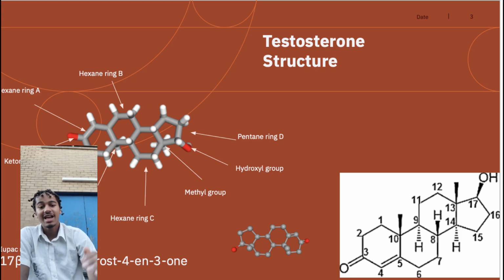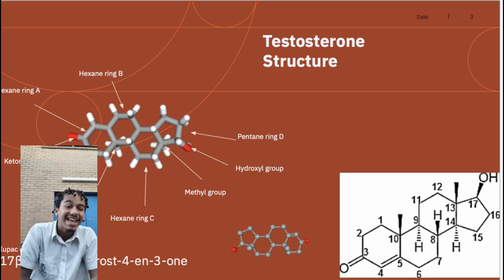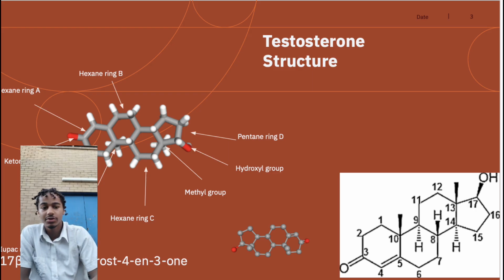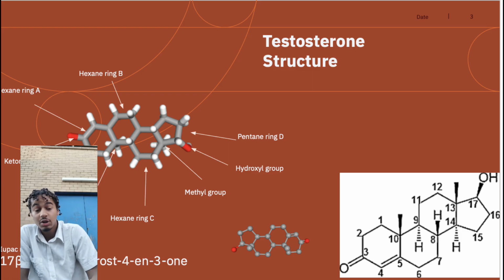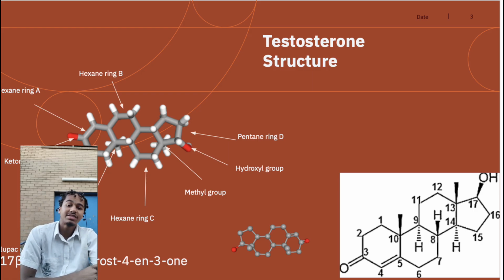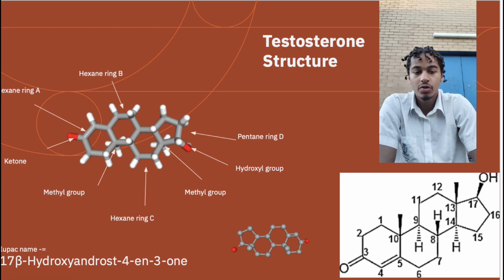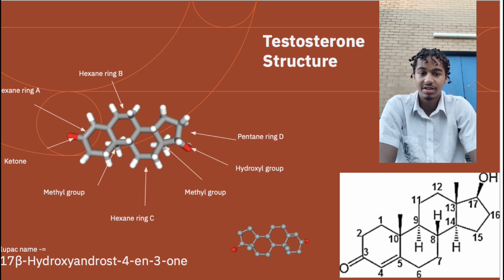Testosterone is 19 carbons, 28 hydrogens, and 2 oxygens, built off of a 4-ring skeletal chain called an androstene steroid nucleus with 3 cyclohexane rings and 1 cyclopentane ring, including multiple functional groups such as 1 ketone on carbon 3 and a hydroxyl group on carbon 17.